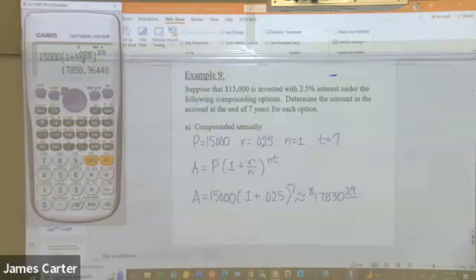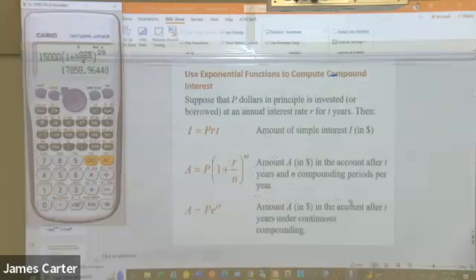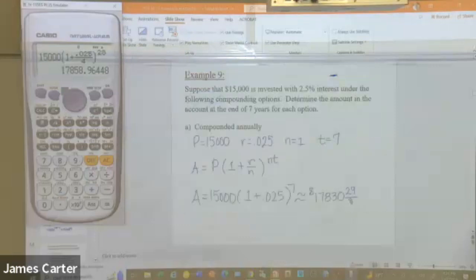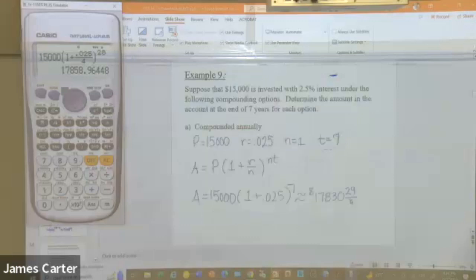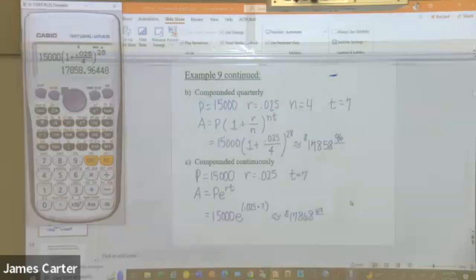Did I get more? Yes. It's 17,858.96. I got roughly $20 more by doing it quarterly instead of annually.